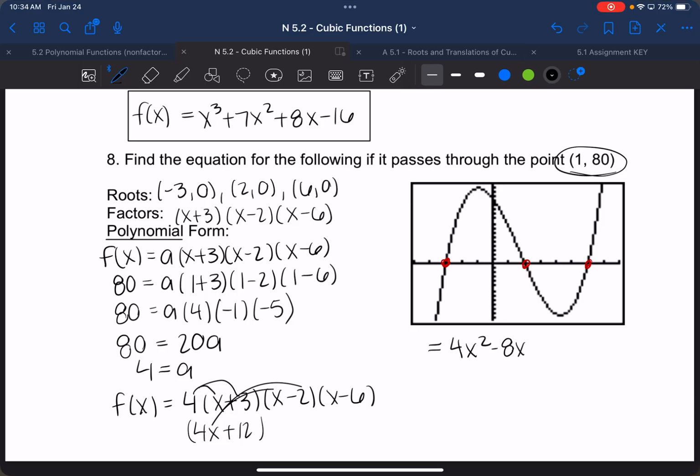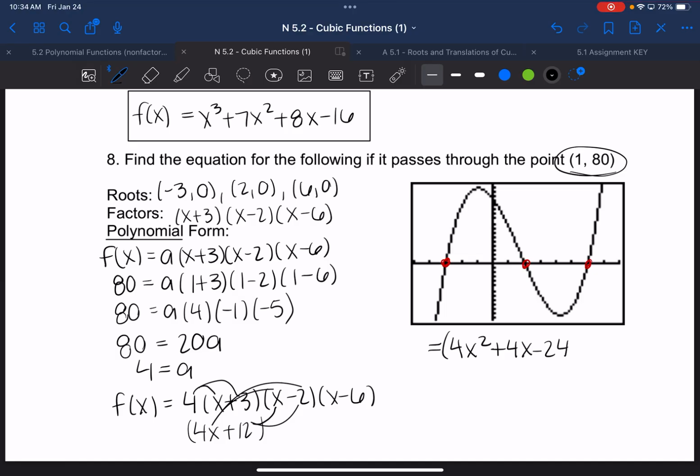All right, now we're going to do the 12. 12 times x and 12 times negative 2. Okay, well, that negative 8x and positive 12x, we can actually combine those, right? What would that give us? So I'm actually going to go ahead and just change that to a 4x in there. So plus 4x minus 24.